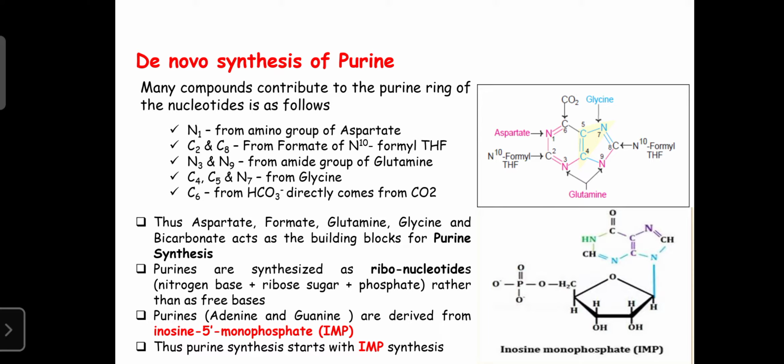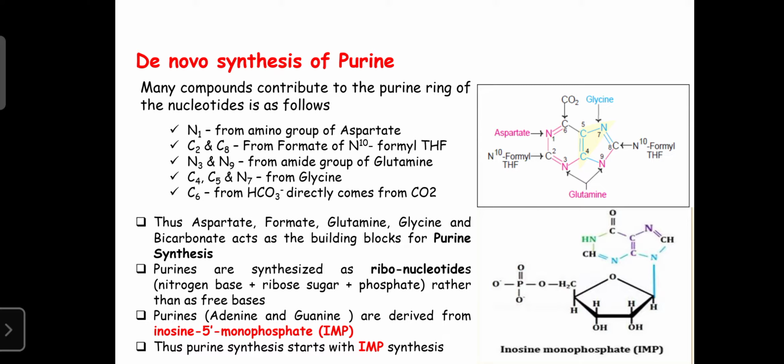C4, C5 and N7 are the contribution of glycine, and C6 is the contribution of bicarbonate. Carbon dioxide in the lung can react with water to form bicarbonate. So that bicarbonate helps to add the carbon 6 atom in the purine ring.